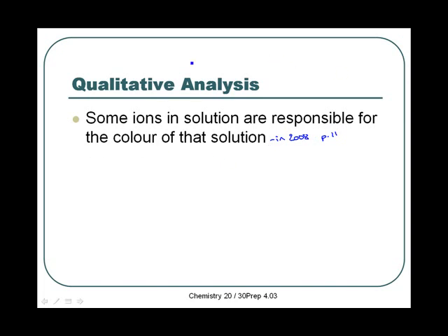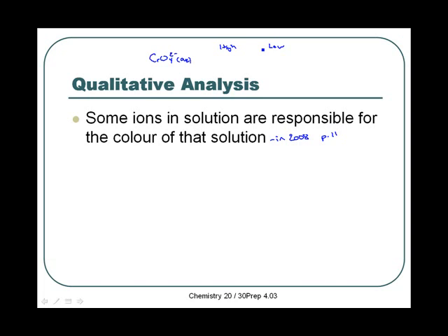An example would be the chromate ion, which would be CrO4, and it's 2 negative, I believe. Let me check my polyatomic ions in my periodic table, and chromate, yeah, it's a 2 negative ion. So when it's aqueous, in high concentration and low concentration, it has slightly different colors.